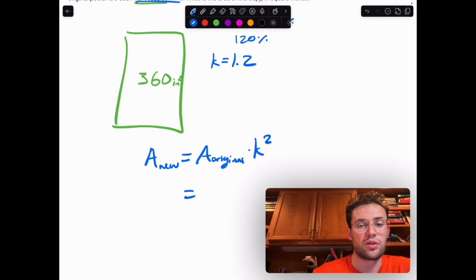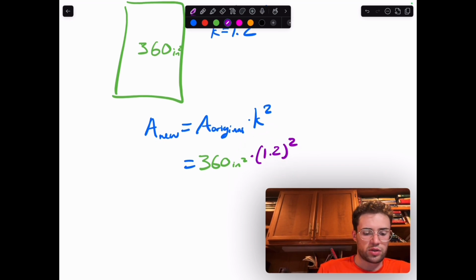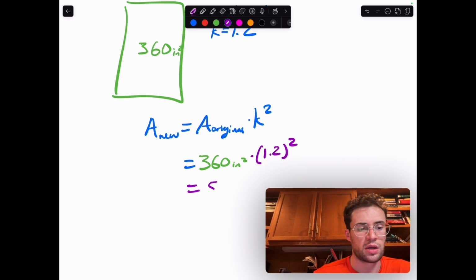In this case, the area of the original, which they gave us, was 360 square inches. We're multiplying that by 1.2 squared, which will be 1.44. So 360 times 1.44 gives us 518.4 square inches. That's our new area.